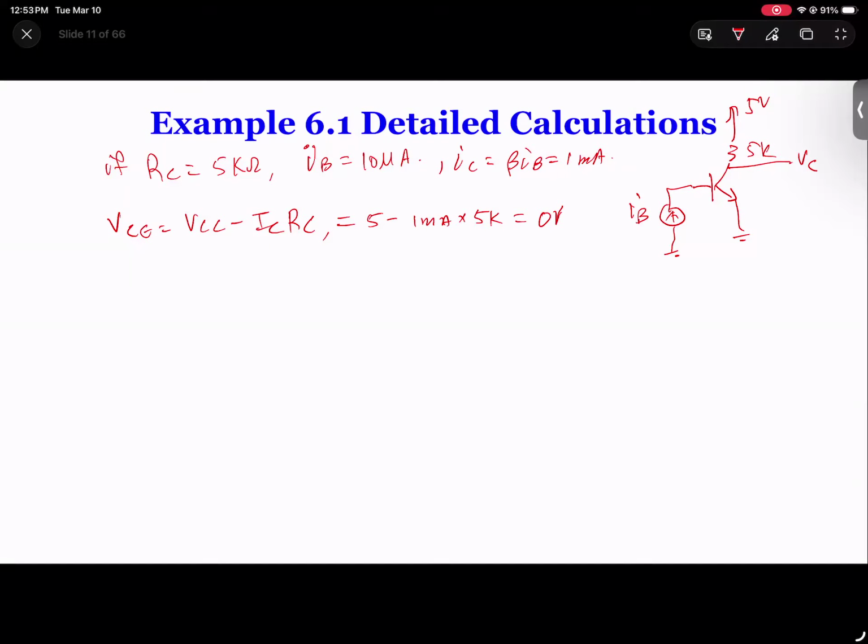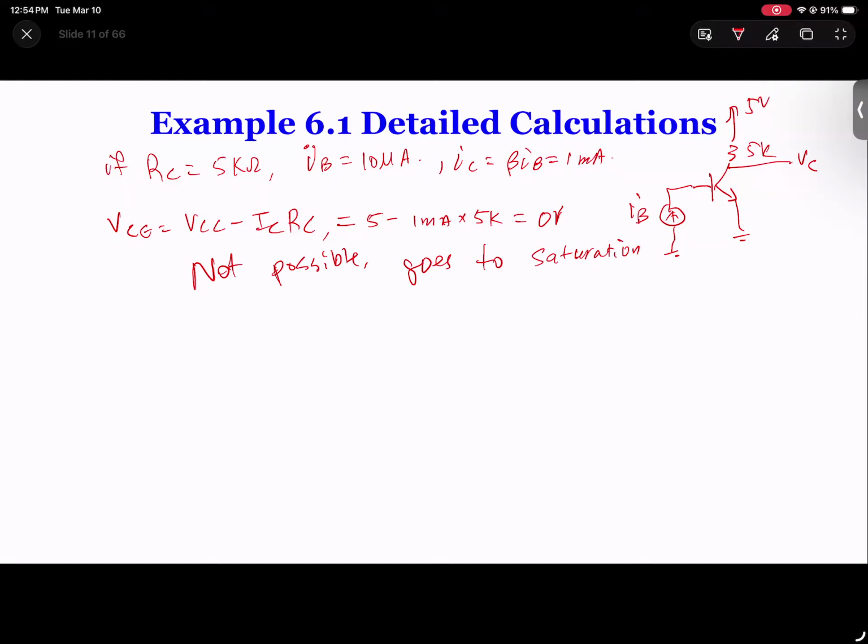This thing is not in the active mode. So it's not possible, but I can show you what saturation means.